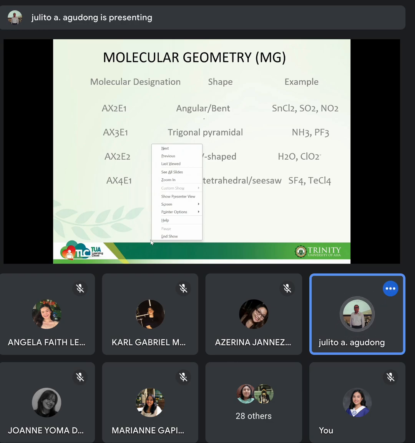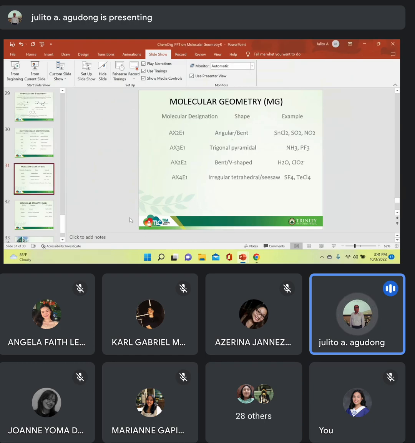Tomorrow, class, we will have a quiz on Lewis structure and molecular geometry. A quiz on Lewis structure, electron domain and molecular geometries.